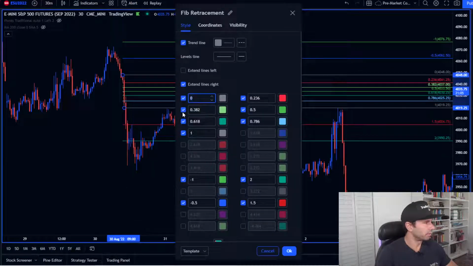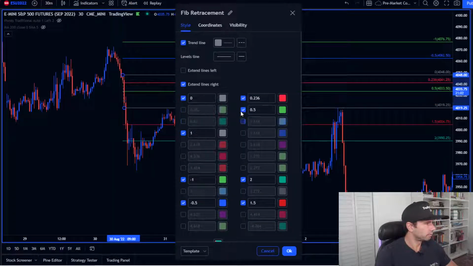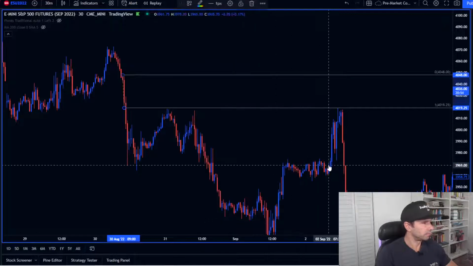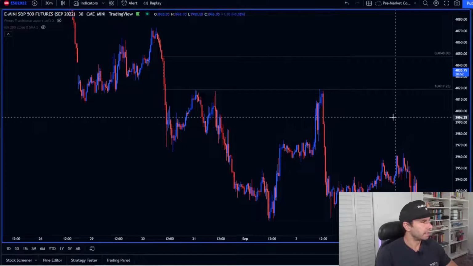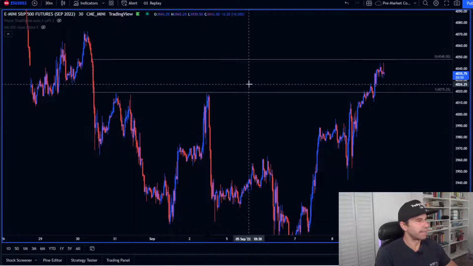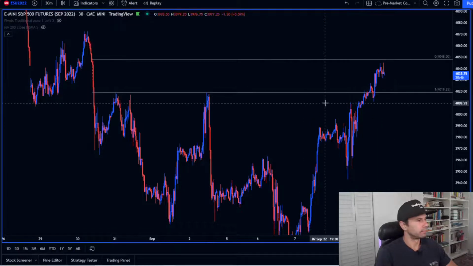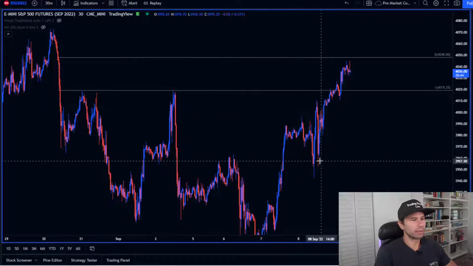Let me get rid of all these lines. I don't use fibs, but sometimes this thing gets messed up. All right, so I do have that. We are actually in that supply, so we haven't broken it yet, and I want to be aware of that.